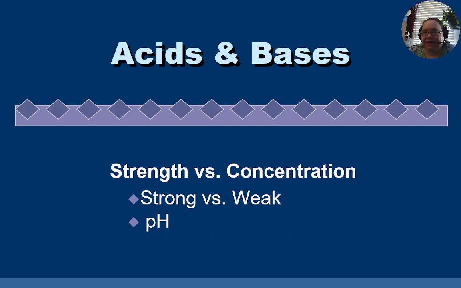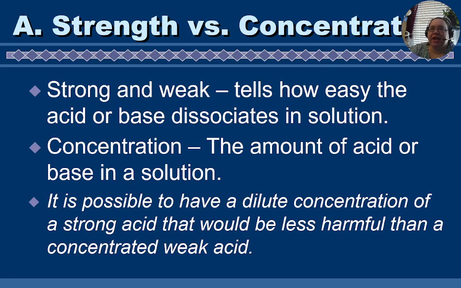So acids and bases, let's look at their concentration and what is pH. So a strong and a weak acid or base just gives you an idea of how much the acid or the base dissociates. Strong acids or strong bases ionize 100%.